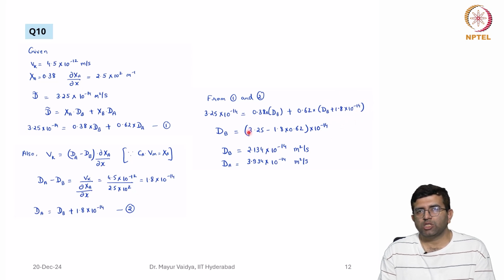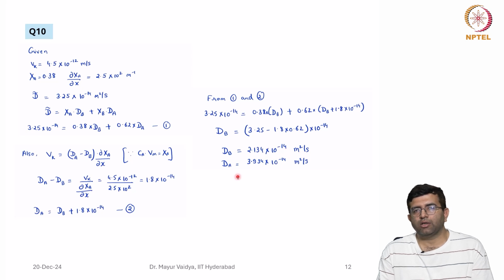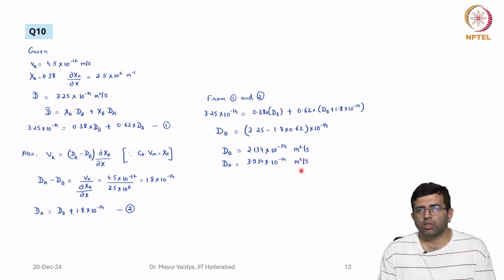Some rearrangement gives DB is equal to 2.134 into 10 power minus 14 meter square per second, and DA is equal to 3.9 into 10 power minus 14 meter square per second. So these are the values that you can obtain as the intrinsic diffusivities for these two elements.